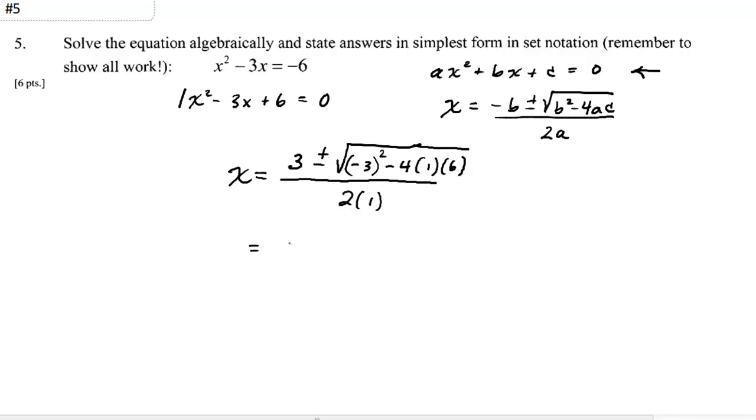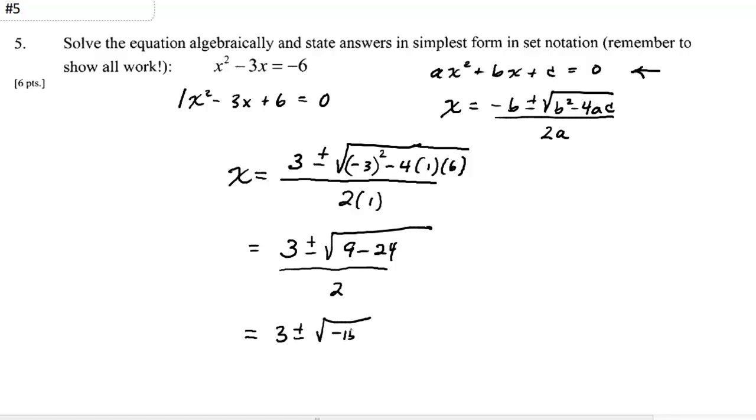Well, that gives me this. And 9 minus 24, ooh, this is going to come out to a complex answer, because 9 minus 24 is negative 15, and we're going to divide that by 2.